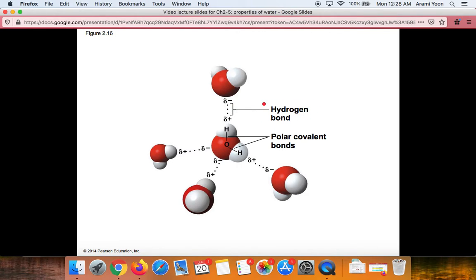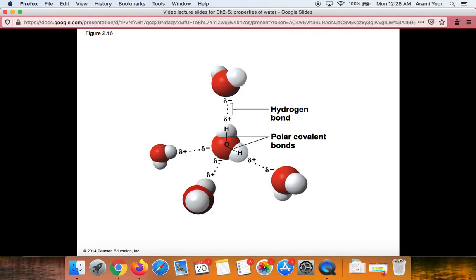Here's why. It's because oxygen atoms have 8 protons in their nucleus, so their nucleus has a +8 charge. Hydrogens have 1 proton in their nucleus, so they have a +1 charge. The electrons that are in the covalent bond between an oxygen and a hydrogen, so you can see that right here, see that line between the oxygen and the hydrogen?